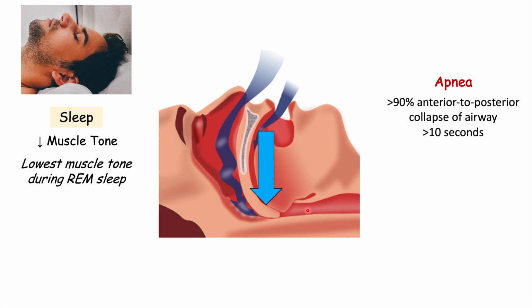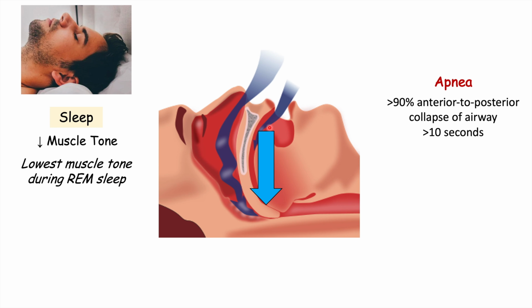That's going to lead to episodes of apnea. Apnea, more specifically, are again those episodes of decreased airflow for greater than 10 seconds. In obstructive sleep apnea, it is in the presence of respiratory effort. But more specifically, the definition of apnea is when there is greater than 90% anterior to posterior collapse of the airway, meaning that there is greater than 90% of the collapse of the airway from the anterior to the posterior.